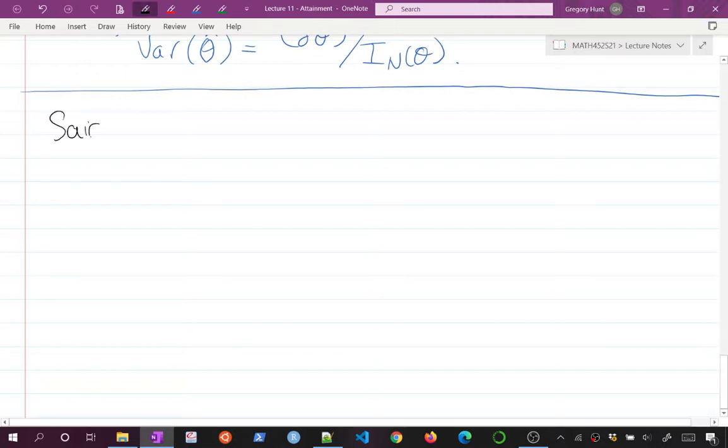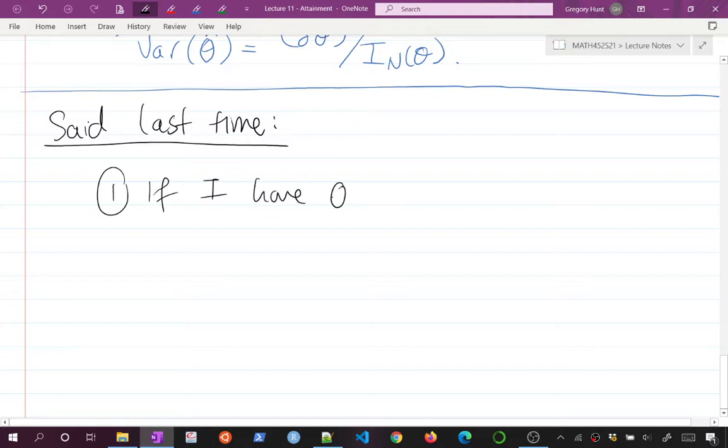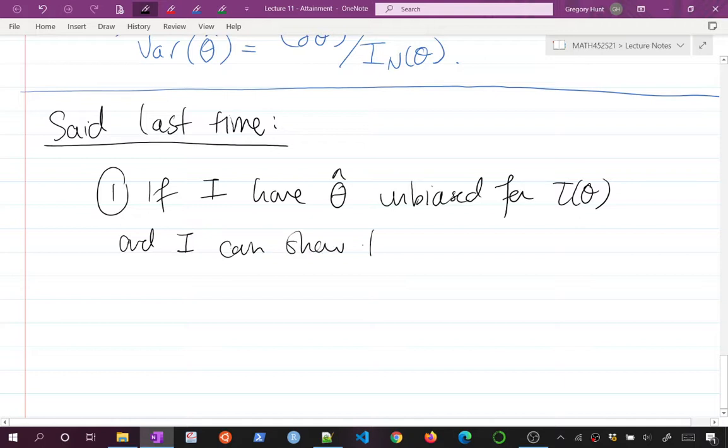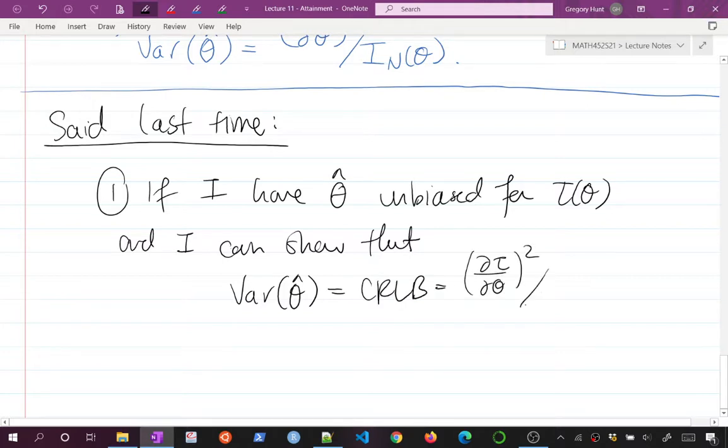And we had done a whole bunch of examples last time: if I have theta hat that is unbiased for whatever function of my parameter I want to estimate, and I can show that the variance of this thing, by some calculation, is equal to my bound, the Cramer-Rao lower bound, which is d tau d theta quantity squared divided by the information.